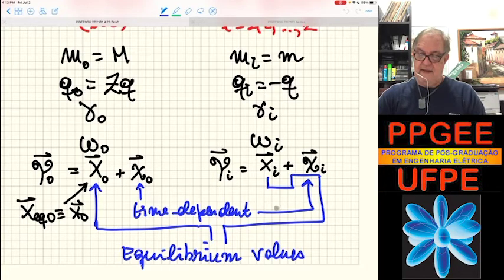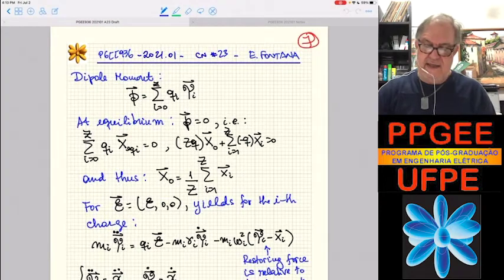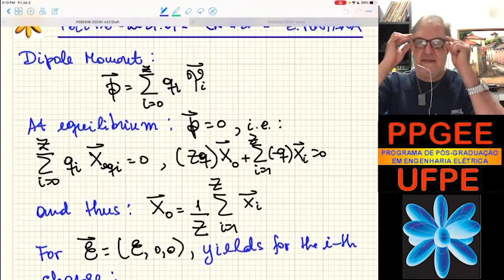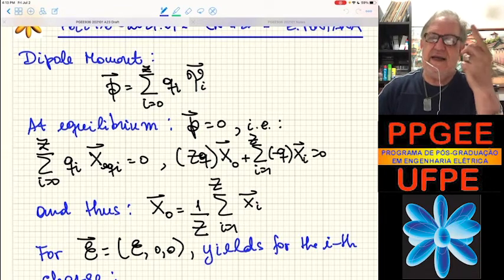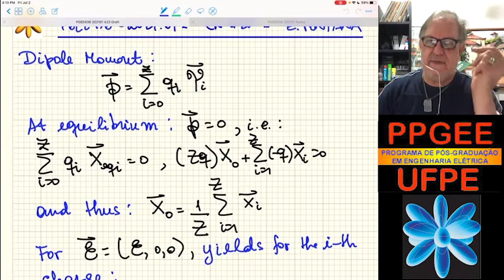Okay? So these straight letters are equilibrium values, x0 and xi, and these curly ones are departures from the equilibrium position. So the dipole moment, let's look into that, because the dipole moment is required to determine polarization and then to determine the permittivity function.